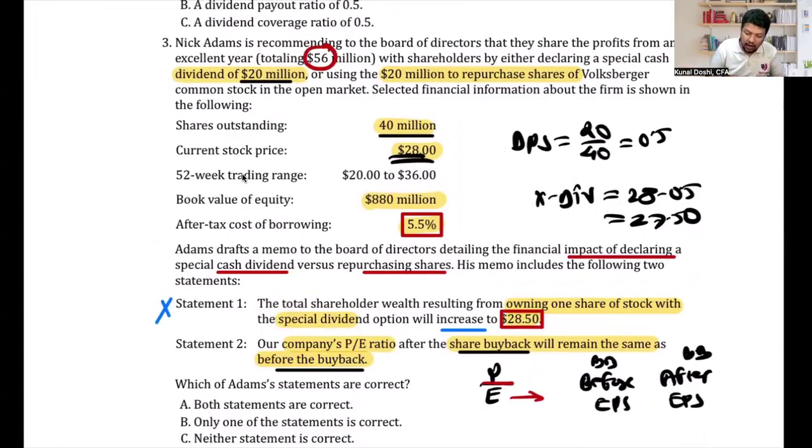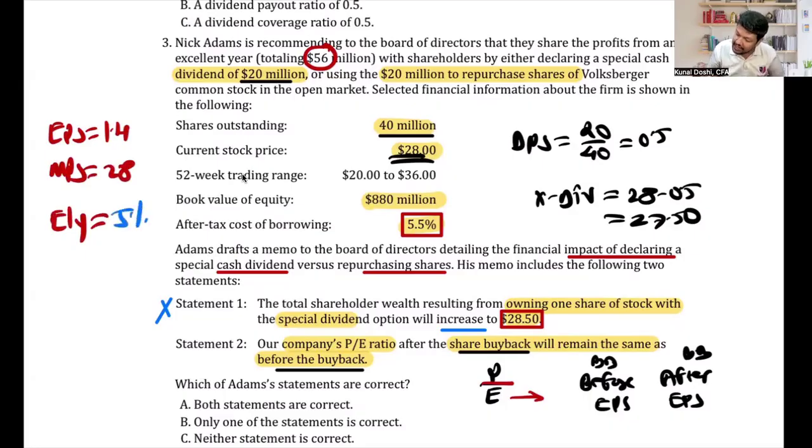If you calculate your earnings, 56 divided by 40, you had 1.4 of earnings, correct? And the market price of the company was 28. So your earnings yield is 1.4 divided by 28. Earnings yield was 5%, and after-tax cost of borrowing is 5.5.